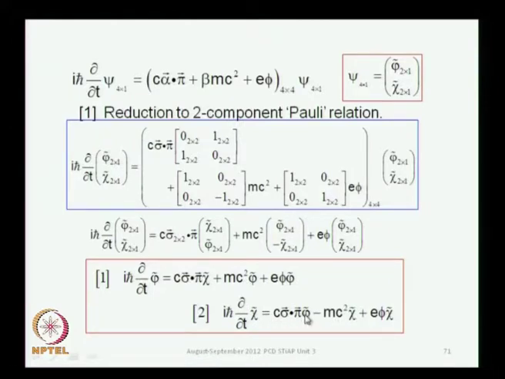So, these are coupled equations for phi tilde and chi tilde, and we will examine if these can be decoupled. So, you have 2 sets of equations, there is no approximation as yet, it is just the Dirac equation that we are looking at in a different form, and these are the 2 sets of equations that we get.